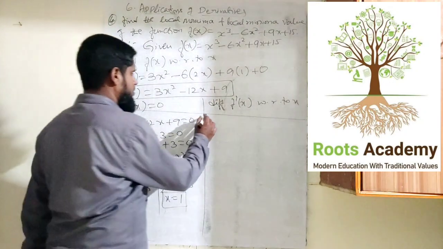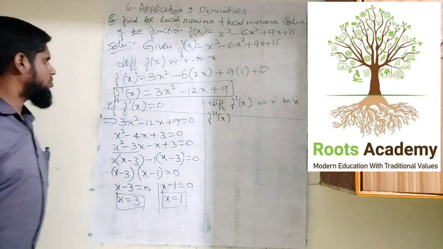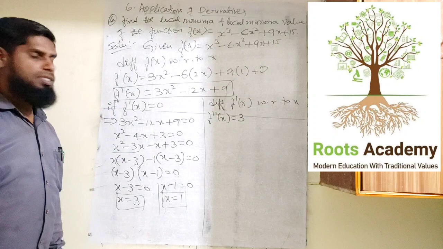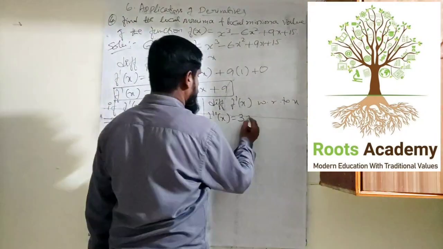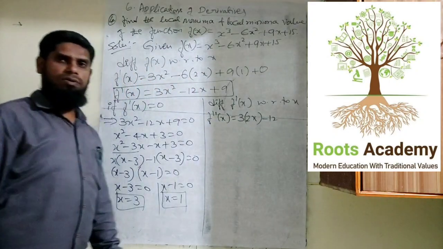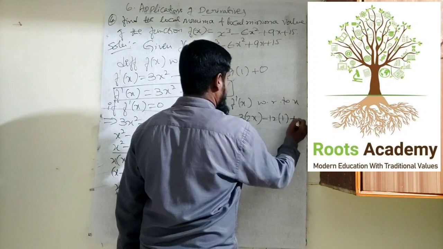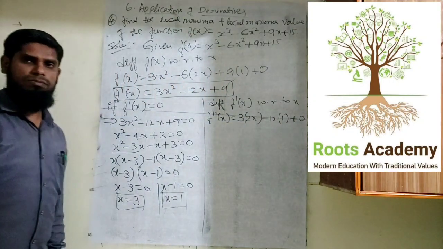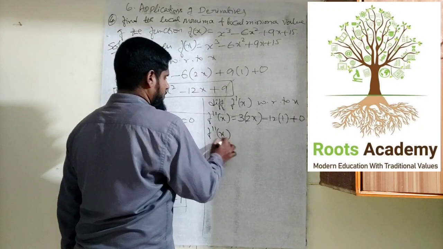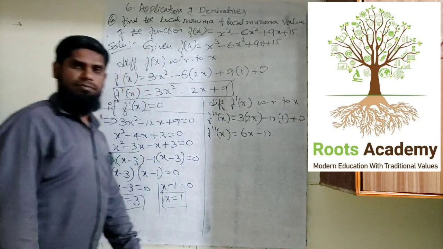What do we get? f''(x) is equal to 3 is a coefficient as it is. Derivative of x² is 2x, minus 12. Derivative of x is 1, plus 0. So the final second order derivative is equal to 6x − 12.